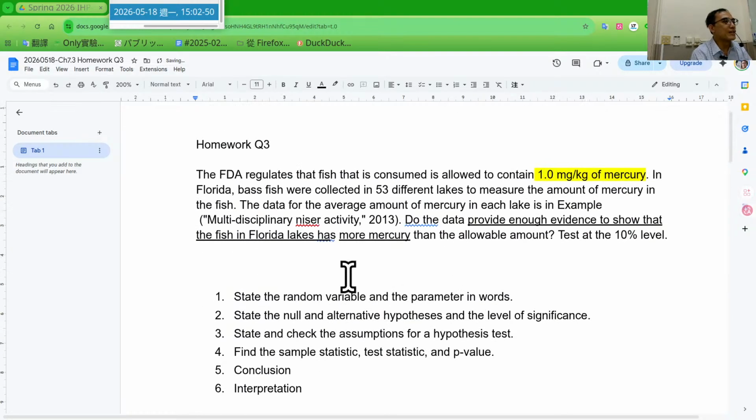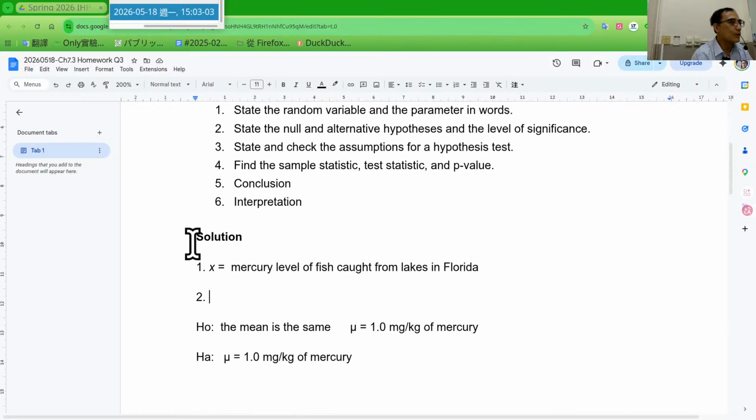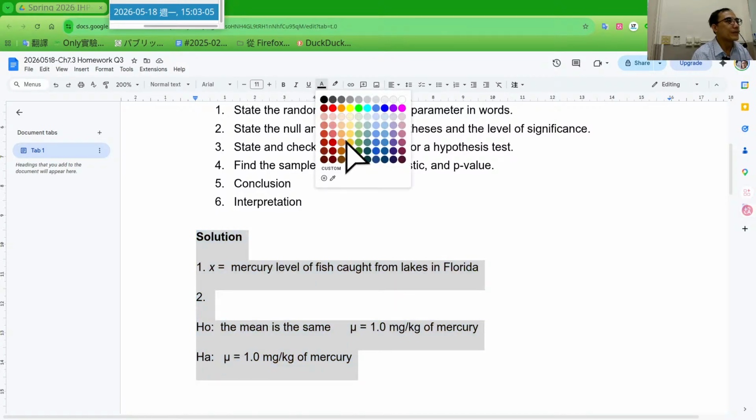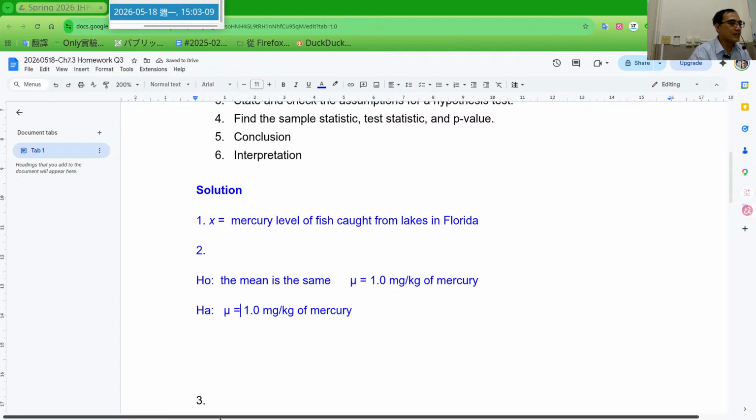Here it implies, do the data provide enough evidence to show that the fish in Florida lakes have more mercury? That's very simple. We can say the alternative hypothesis: mu is greater than 1.0.